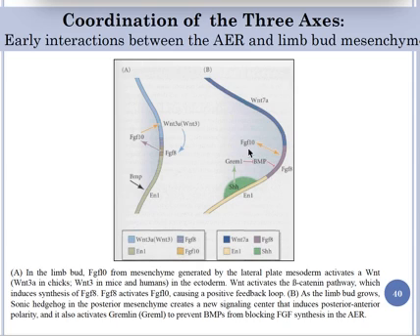So here in the second figure, as the limb bud grows during development, sonic hedgehog, the main agent of the ZPA signaling center, will activate the expression of gremlin-1. This gremlin-1 will prevent BMP from inhibiting FGF8 in the AER.